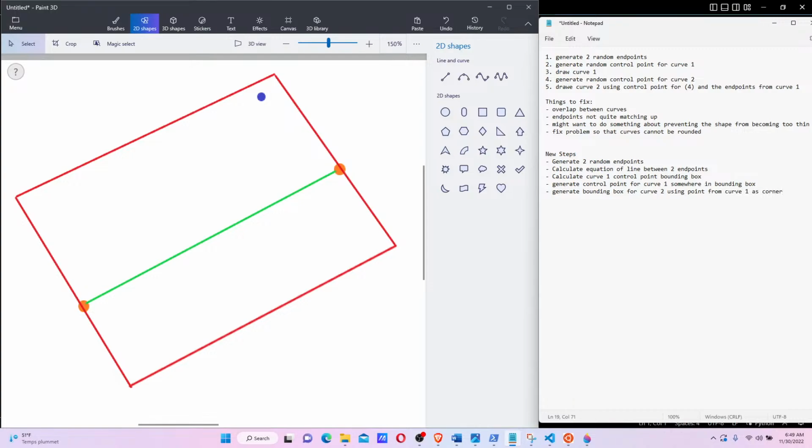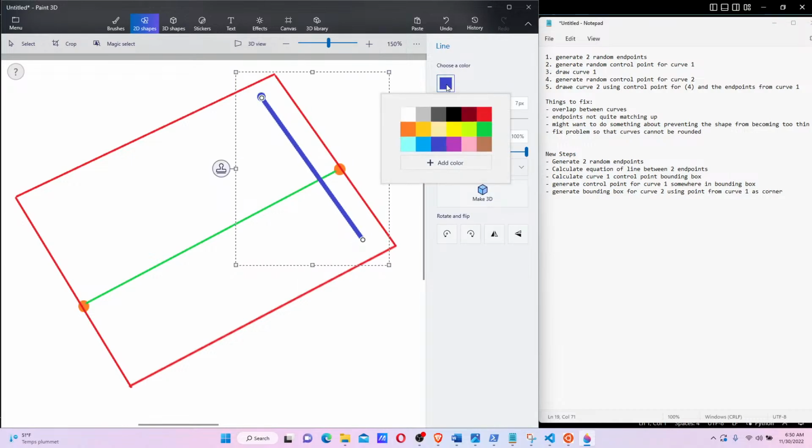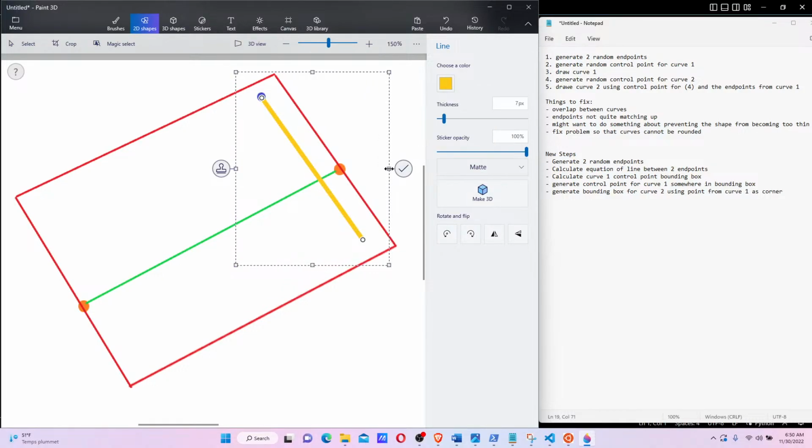So what if the point is in the middle of the box? So I think now I have to draw a new box, except the corners of the box look like this.